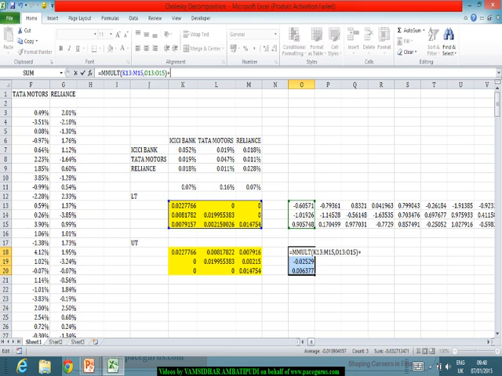I'll also add up the transpose of these returns as well. And here also I will fix this particular matrix.